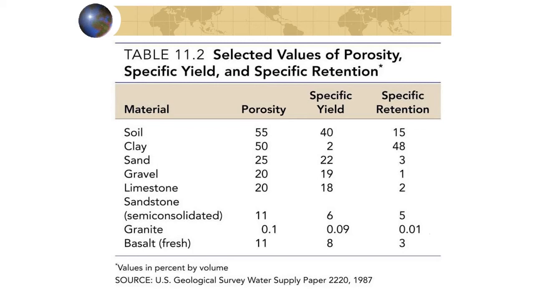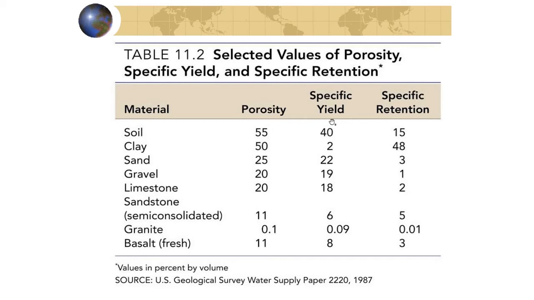So we can easily see that porosity is the sum of specific yield and specific retention. You can see here that for soil, the porosity value is 55, the specific yield is 40, and the specific retention is 15. 40 plus 15 is 55.